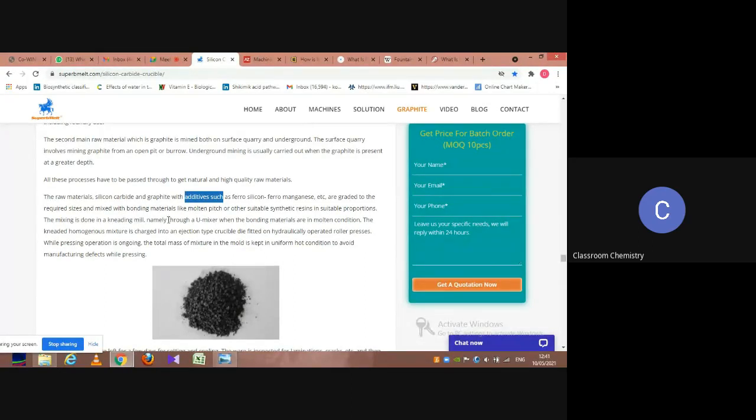Okay, so here in the mixers, the bonding materials are in a molten condition, so in molten condition we can mix them well.